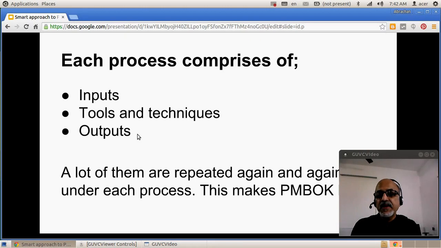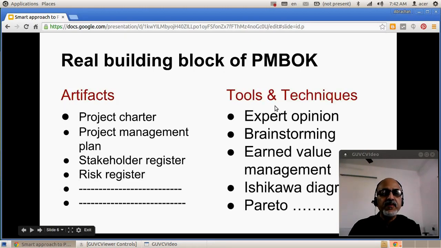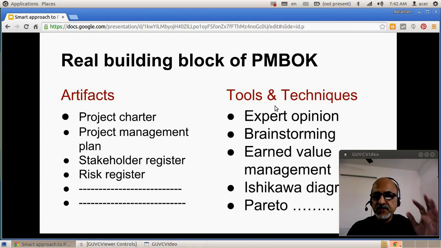So if you go one more level below, we are talking about 5 process groups, then 10 knowledge areas, then 47 processes. Then we said each of these processes comprises a set of inputs, tools and techniques, and outputs.